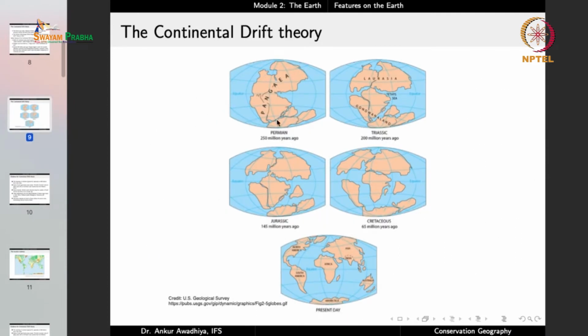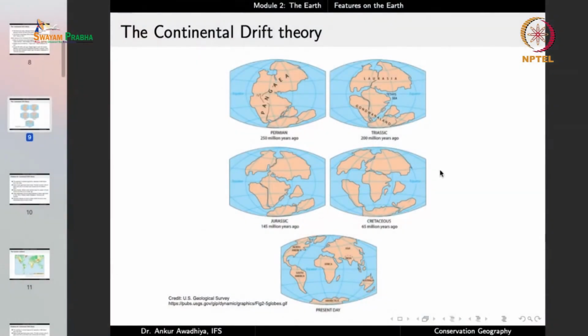So if you look at this image of the Permian era, we'll find that here you have India, you have Africa, you have Madagascar, you have South America and the Falkland Islands, you have Antarctica, and all of these are together. So if these land masses were together sometime in antiquity, then it is possible that you can have sedimentary rocks from the same or similar origin in all of these locations.